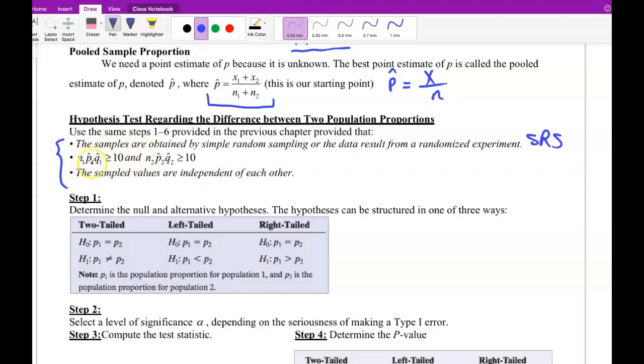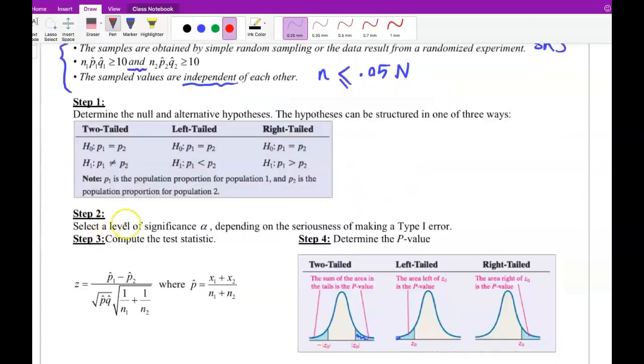So N1 P hat 1 Q hat 1, this is for the first population, greater than or equal to 10. Do the same thing for the second population. So we should have these two. And then the third one was that the sample values are independent. What that means is the sample size is less than or equal to 5% of the population size.